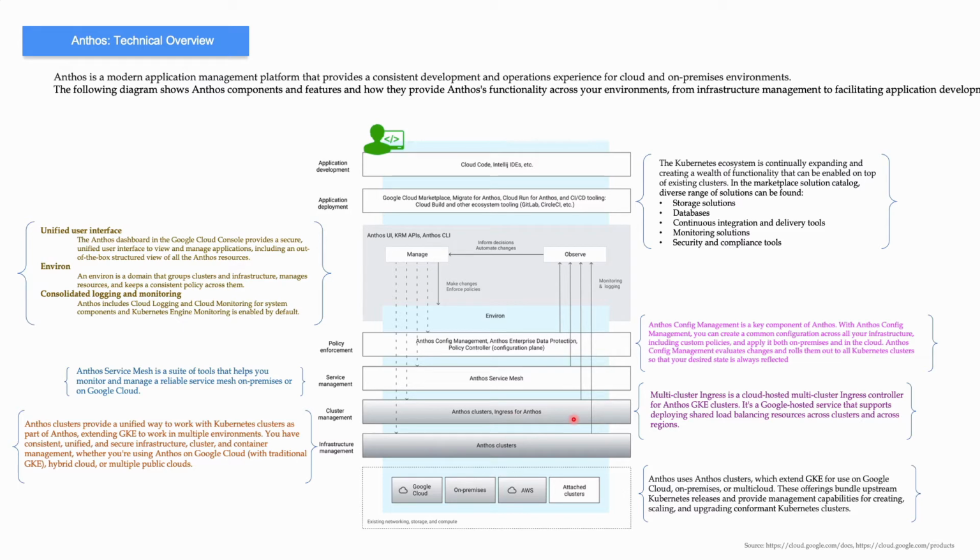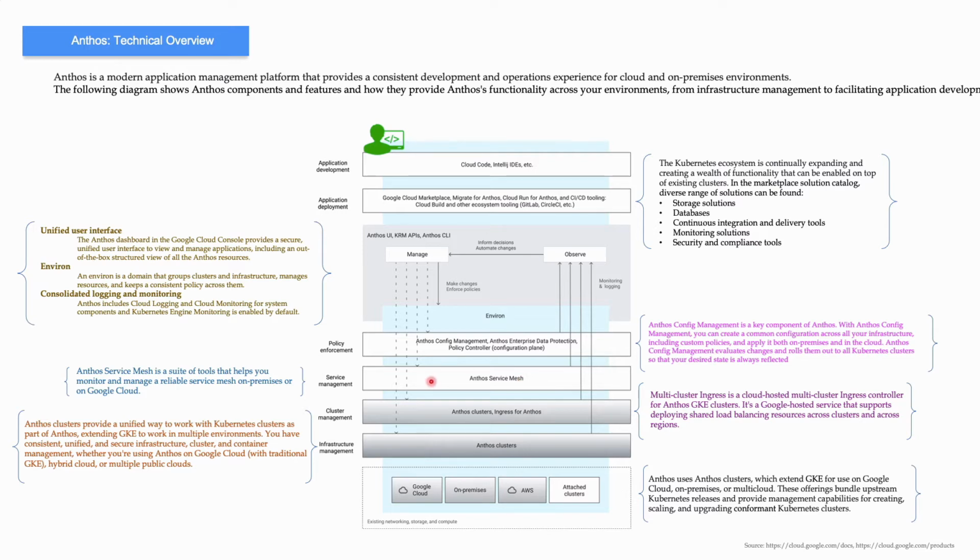And then once you have the ingress defined, you need to do the service management, because service management will tell exactly where a request needs to go. Anthos Service Mesh is a suite of tools that help you monitor and manage a reliable service mesh on premises or on Google Cloud. We'll look at service mesh in detail.